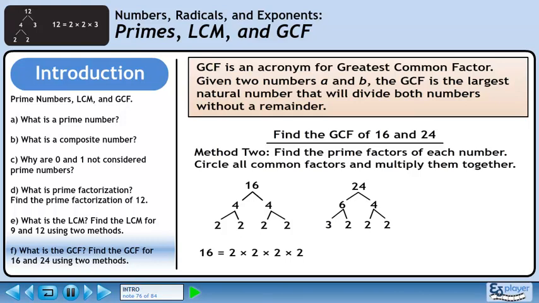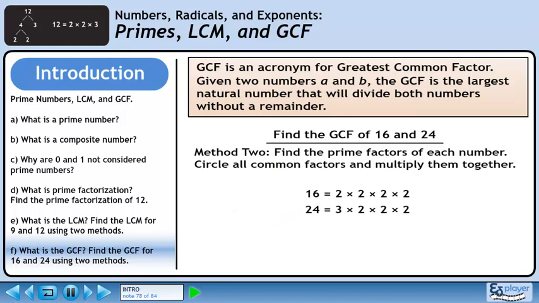From the first factor tree, we can write 16 equals 2 times 2 times 2 times 2. From the second factor tree, we can write 24 equals 3 times 2 times 2 times 2. Now we'll find the GCF.